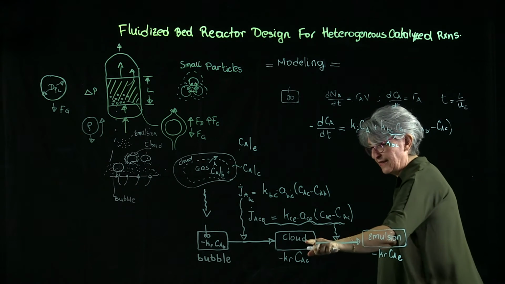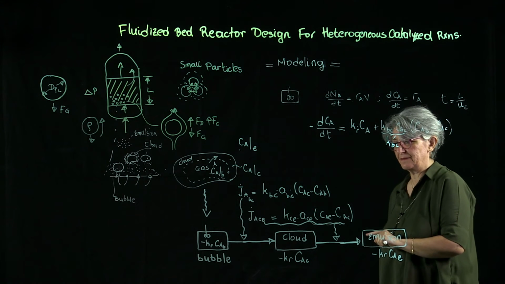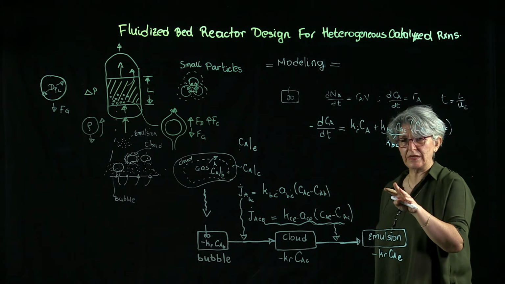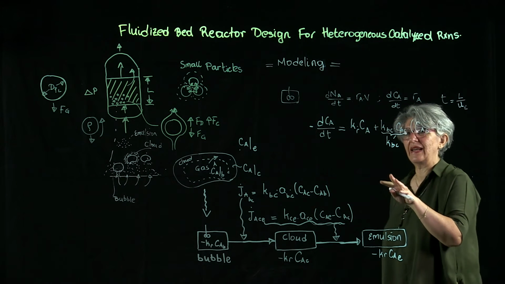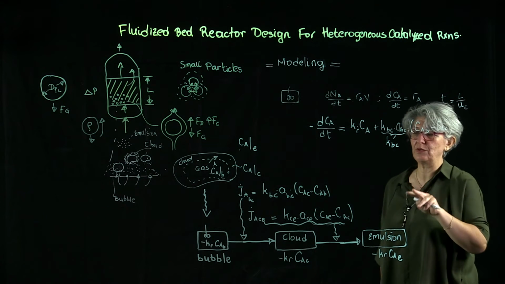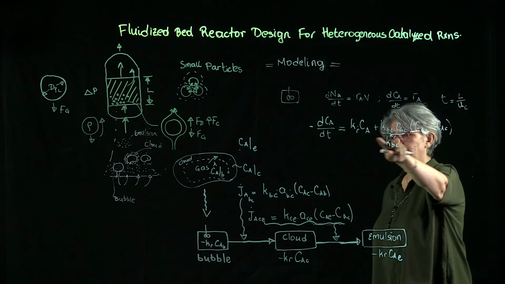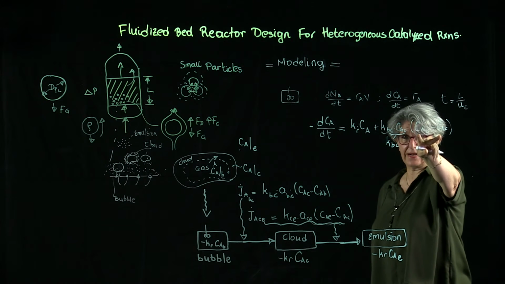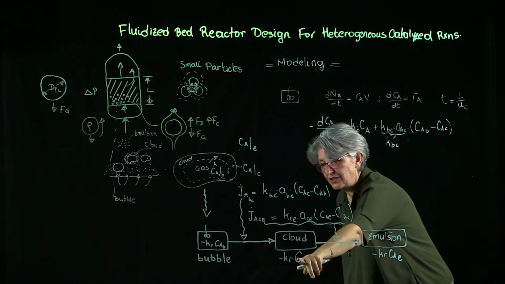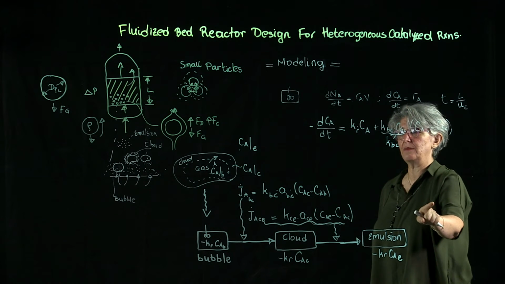The second domain is the cloud domain, and the cloud domain is going to be considered to be operating at steady state. What will happen in the cloud domain would be two things. One, the transport of species A from bubble to the cloud by this transport term, a reaction term, and another transport term from cloud to the emulsion.